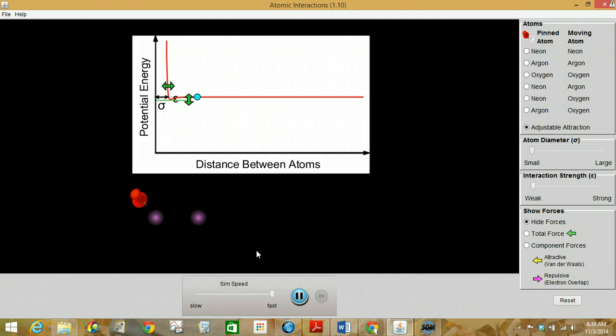Alright, and then we are going to push the moving atom close to the pinned atom and release. Close, release.